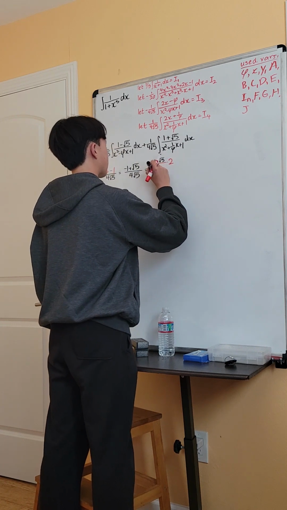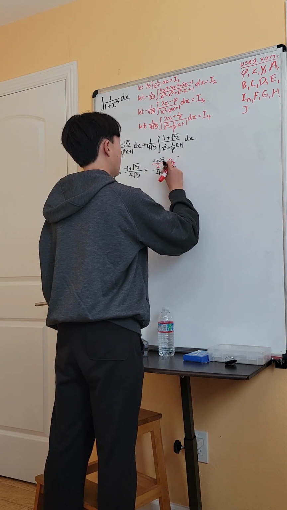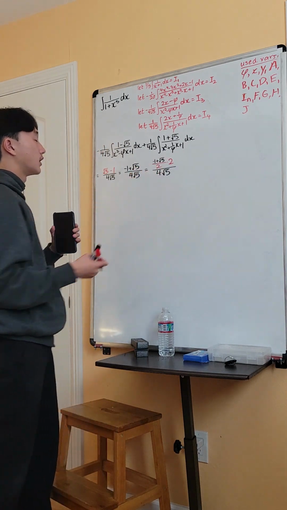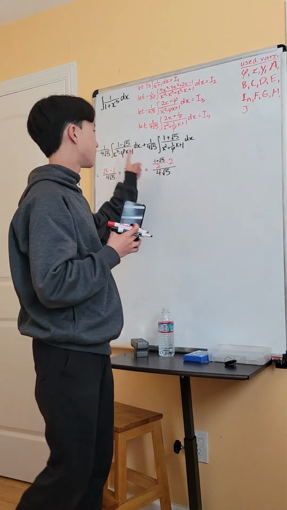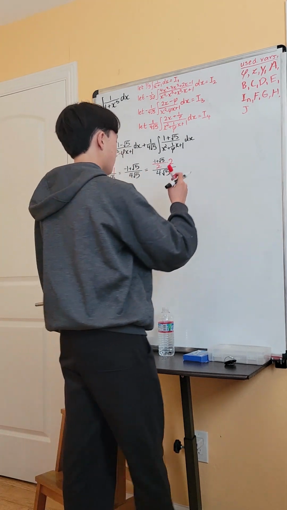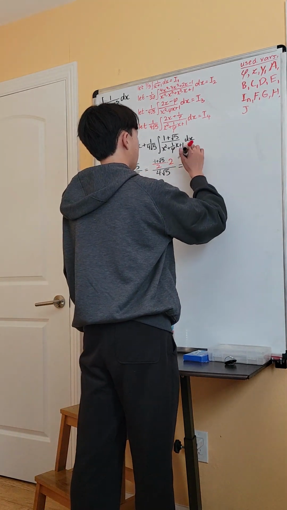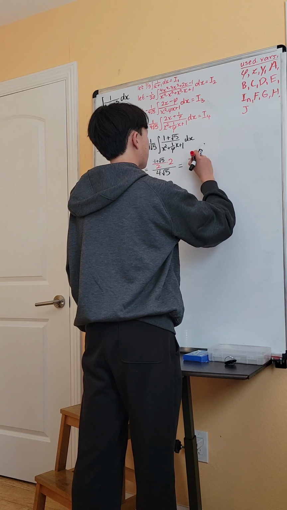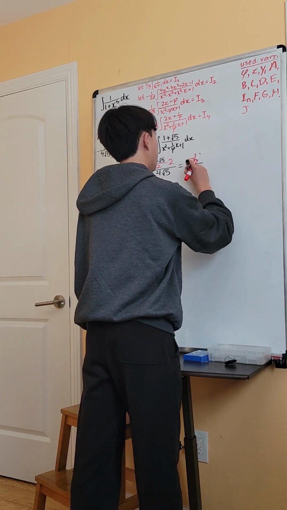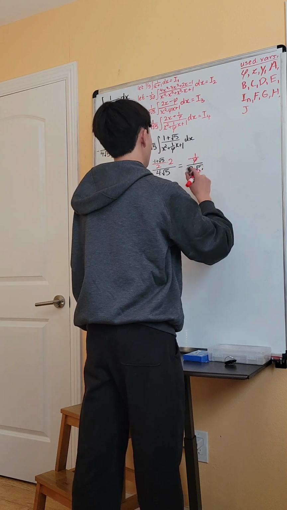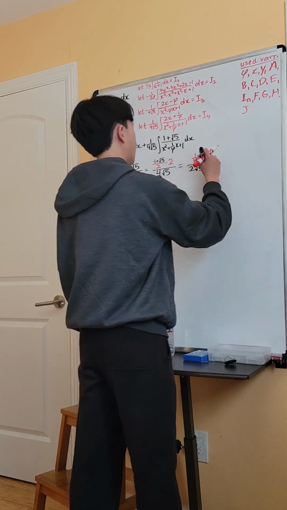And then you do 4 over root 5. Once again, this is no longer phi, right? That's the wrong number. This is, in fact, 1 over phi. And then this 2 and the 4 cancel to make 2 root 5 in the denominator. Sorry, this is not negative. This is just normal.